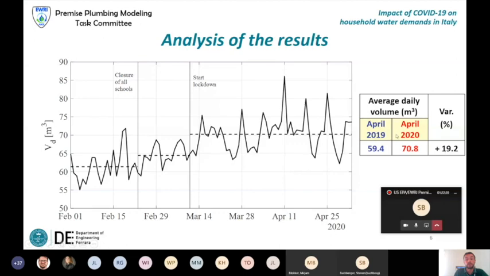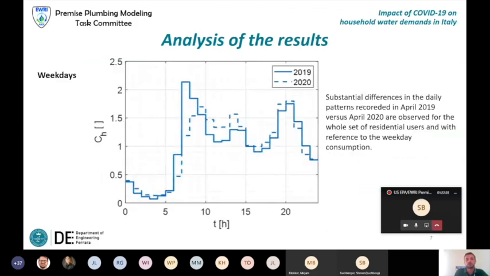So, being the period the same, the month of the year the same, we can definitely state that this increase is almost entirely due to the lockdown. But the lockdown had an effect not only on the total water consumption of the DMA, but also on the pattern.